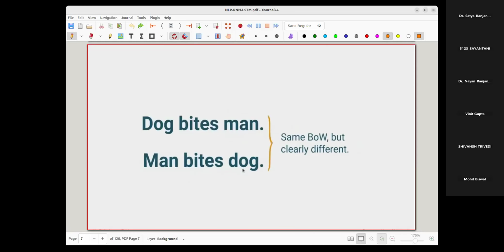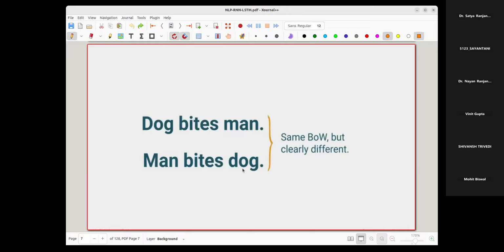And let's take another example. Let's say, dog bites man, man bites dog. Now, if you use these two sentences with BOW, meaning bag of words, the same three words are used in both sentences, and as we are not considering the order of the words in which they appear, it's a kind of bag of words. So what will happen?